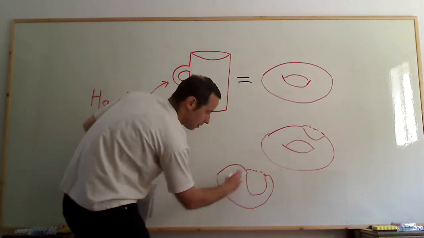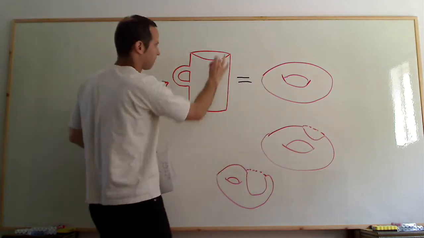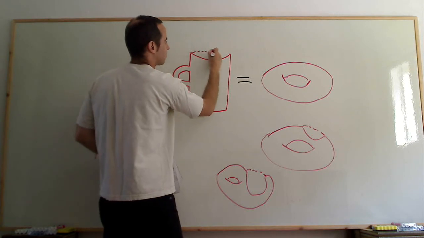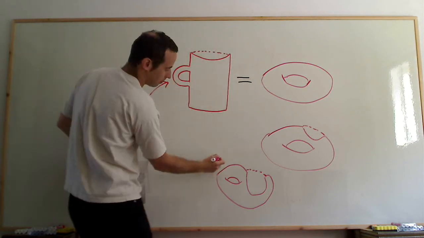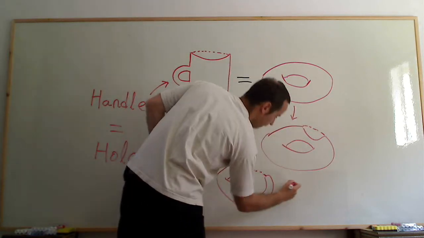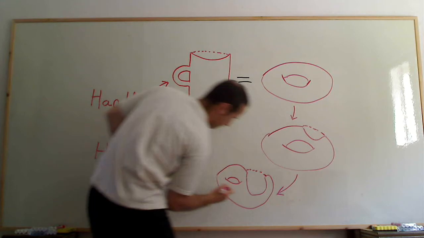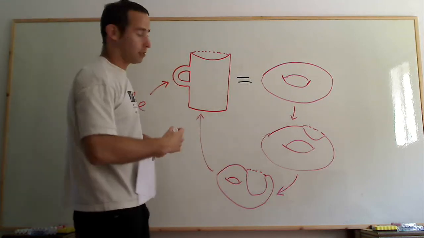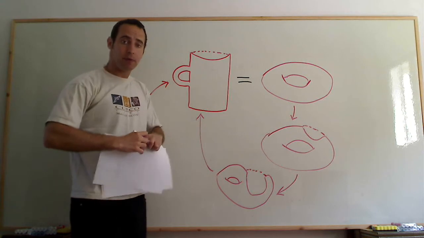So this would become this, okay? We can go from here to here, and eventually all the way to a cup shape.